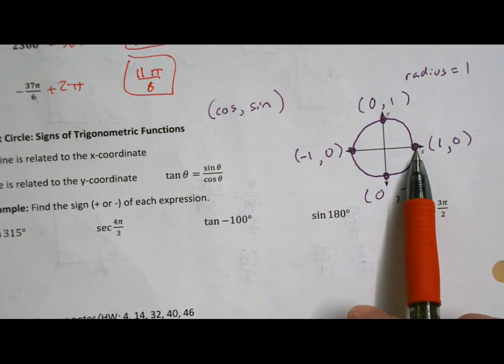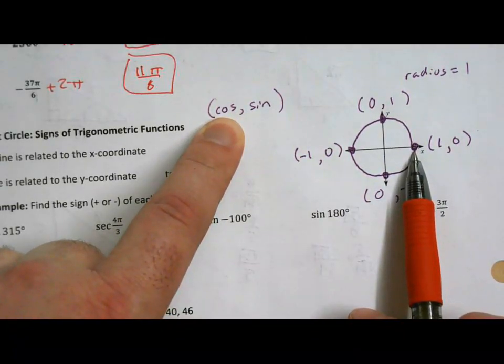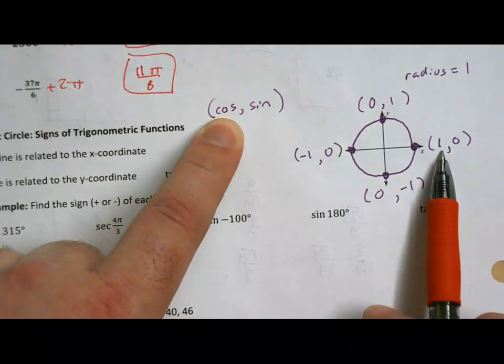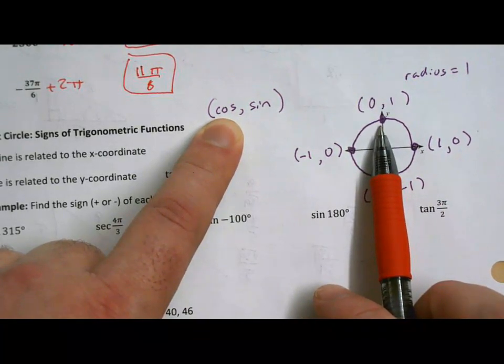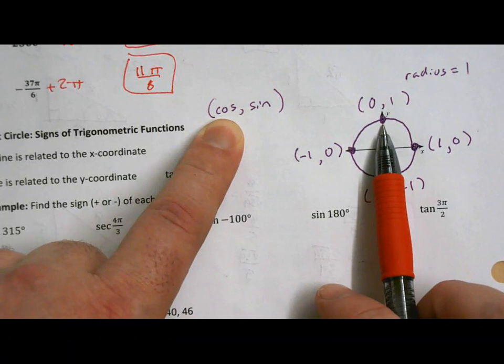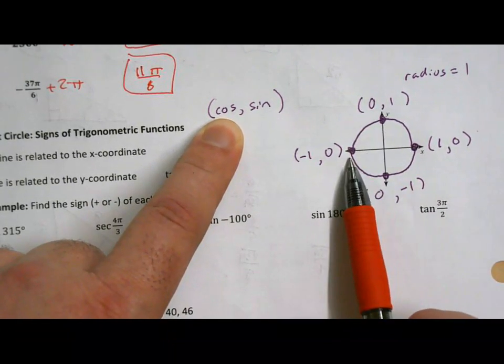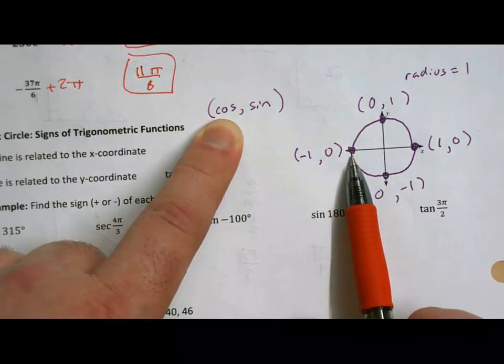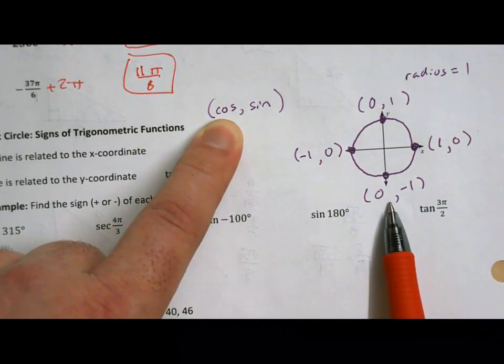Can someone tell me what the cosine of 0 is? No, it's 1. What's this angle right here? 90 degrees. Can someone tell me what the cosine of 90 degrees is? It's 0. Can someone tell me what the cosine of 180 degrees is? It's negative 1.